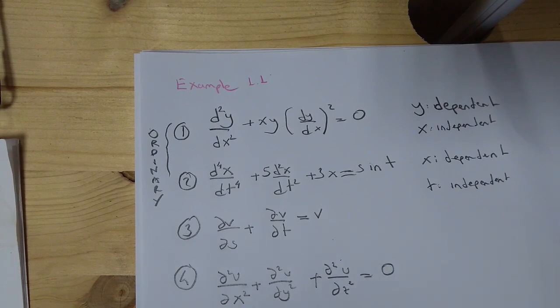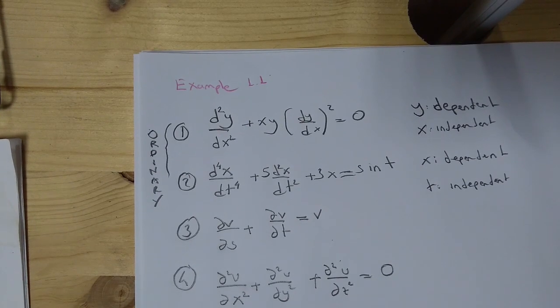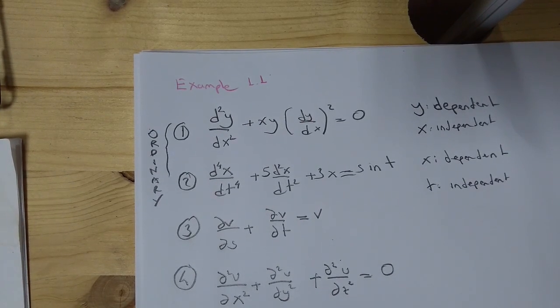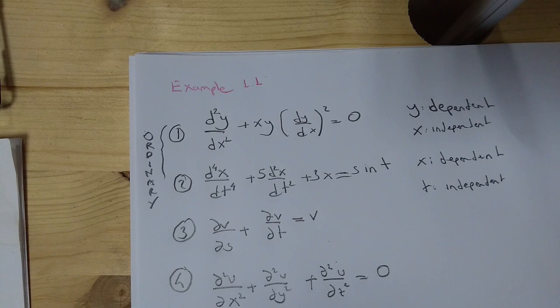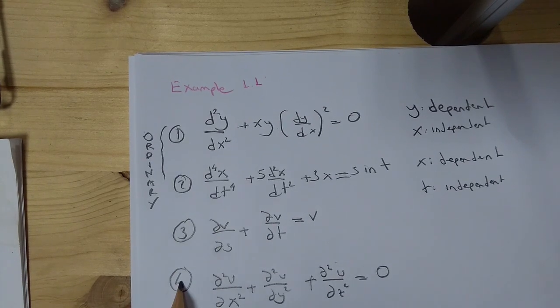Now another definition: the definition of a partial differential equation. A differential equation involving partial derivatives of one or more dependent variables with respect to more than one independent variable is called a partial differential equation. So these two are partial differential equations.